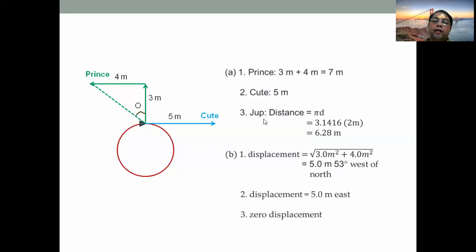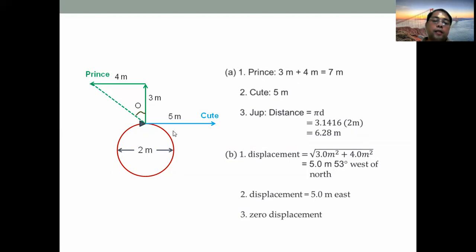But the distance covered by the third dog is equal to pi times d, which is the circumference. Circumference is equal to pi times d, which is 3.14 times 2 meters diameter. So if the diameter of the circle is provided, then we can get the circumference.